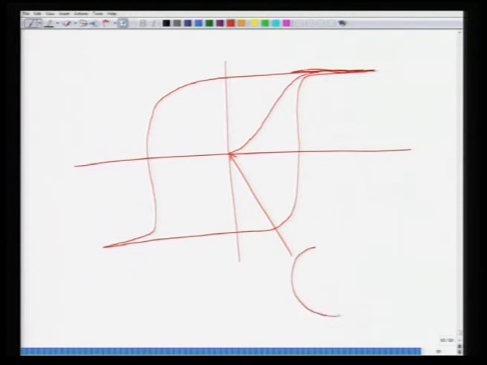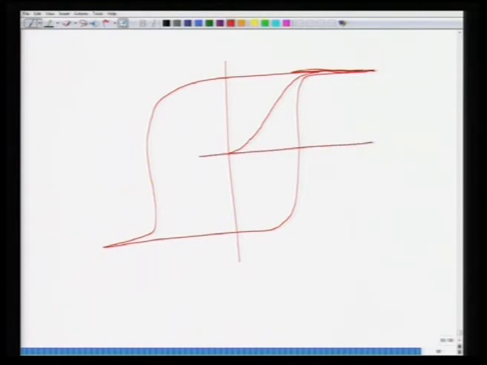So, let us say the domain structure at this point is something like this. And at this point what you had was a domain structure like this.